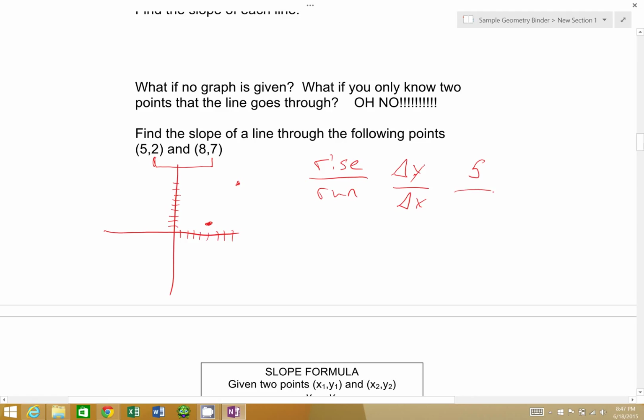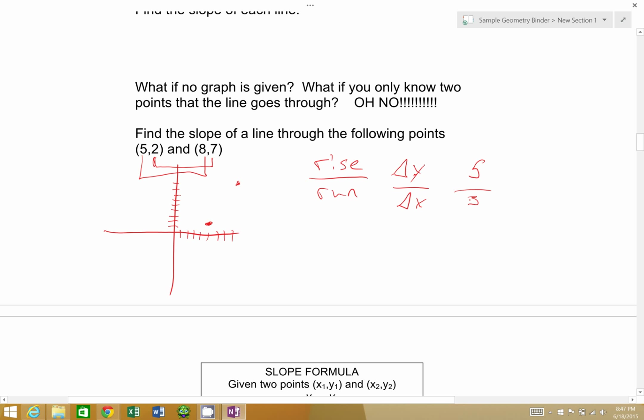What about my x? Well, I have a 5 going to an 8. What's the difference between 5 and 8? Well, that's 3. Now, we just looked at that and we got that our slope is 5 over 3. That's pretty cool. But what does that mean?